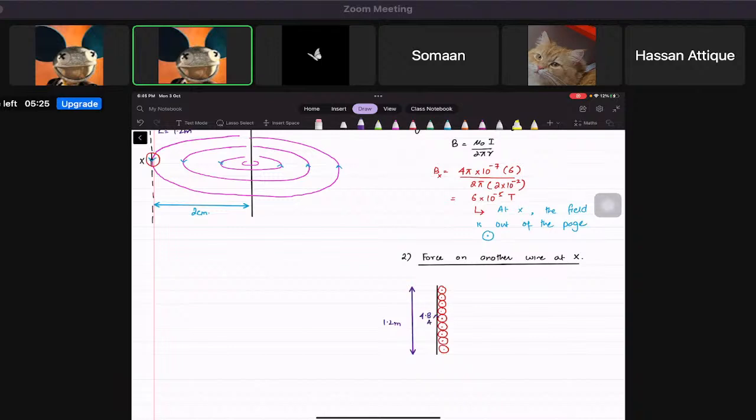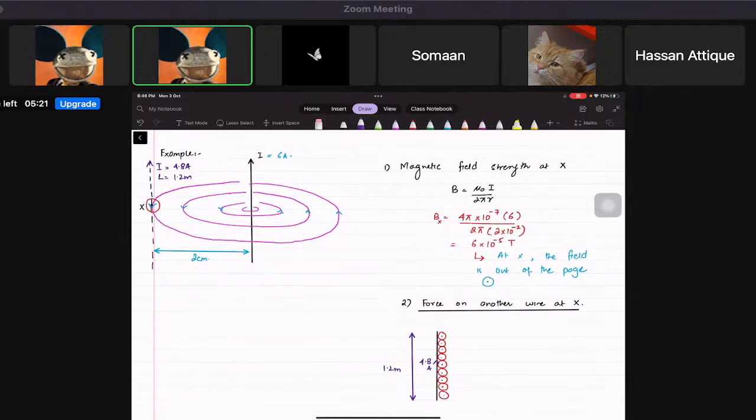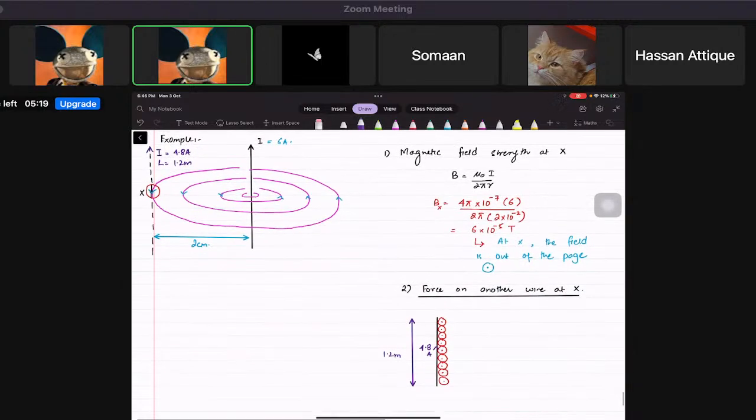Okay, now once you have the magnetic field of wire 1, what you're going to do is use F equals B, I and L to find the force. The magnetic field at X was 6.0 times 10 raised to power minus 5.